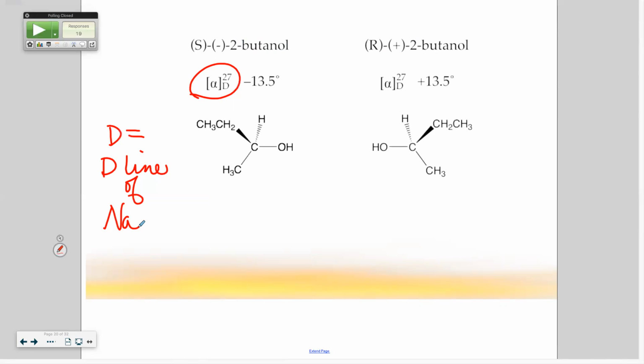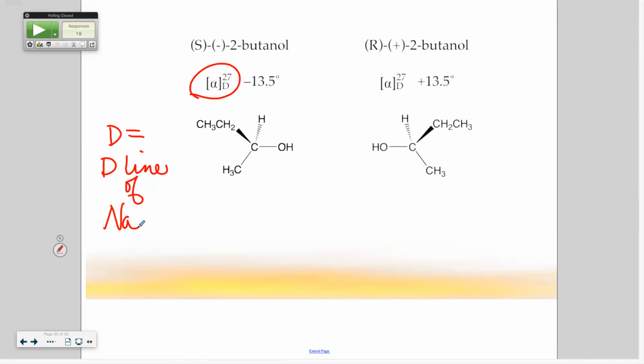Okay, notice that the S one is minus 13.5, so the R one is plus 13.5. You took a sample of 2-butanol, you put it in a polarimeter, and you got 0. What does that tell you?